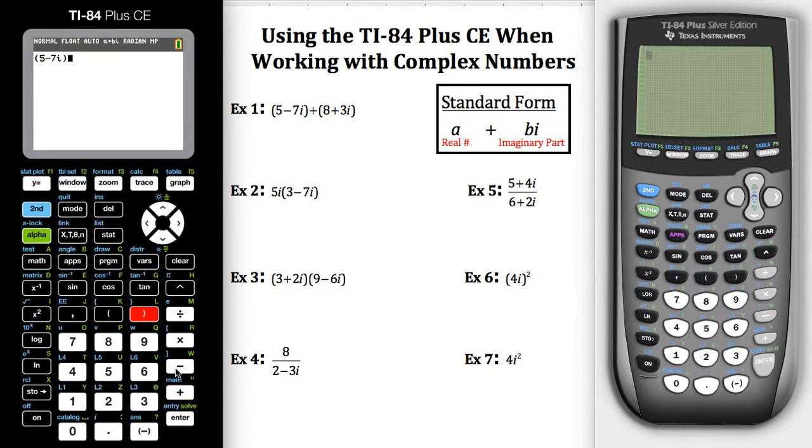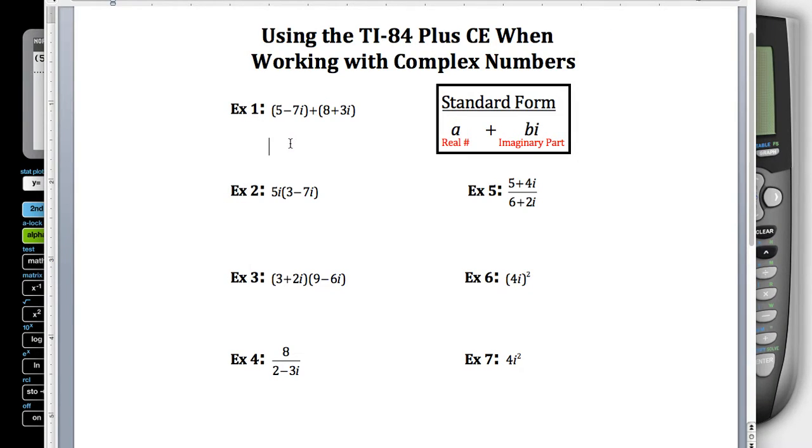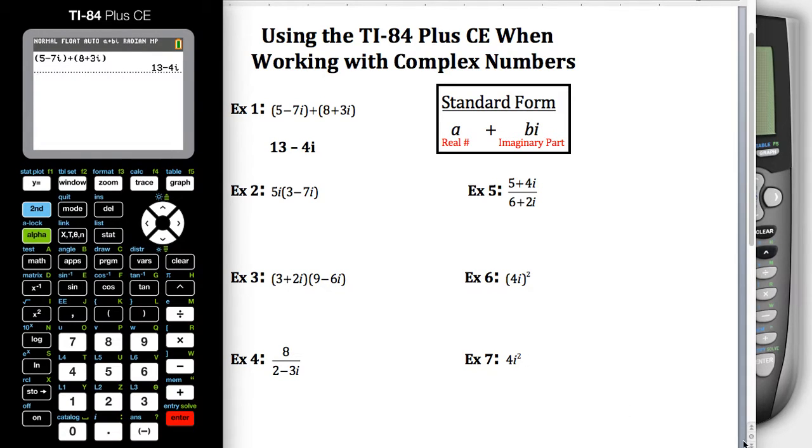I'm going to close my parentheses, add left parentheses 8 plus 3i, again getting the i with the second period, and then close those parentheses. Hitting enter, I get the answer of 13 minus 4i. It automatically puts it in standard form. So we can enter 13 minus 4i as our final answer there.